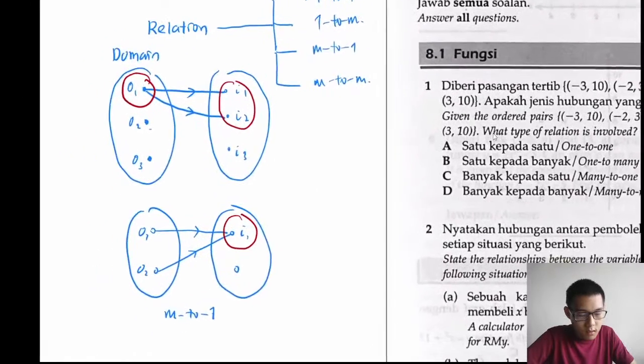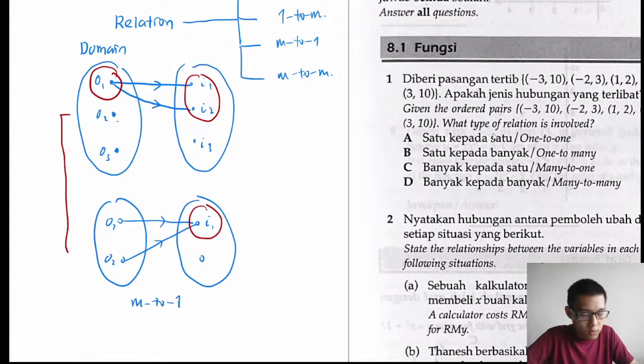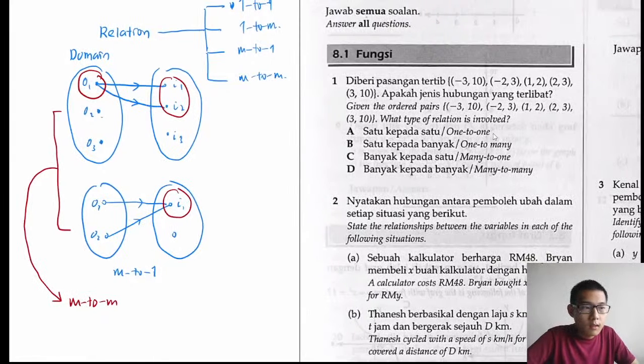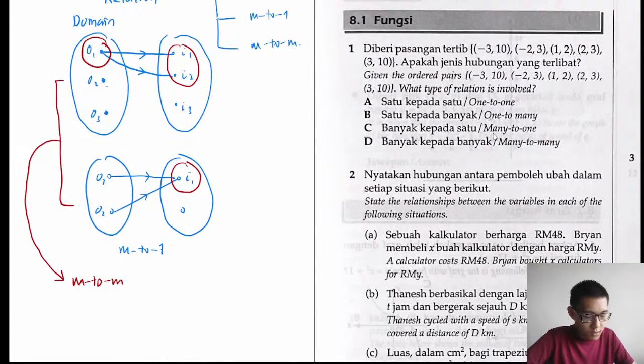So this is called many to 1. If in the relation we can see that there are 2 things here, many to 1 and 1 to many, combined together, that means this will be many to many. That means different objects match with one image, and at the same time one object can go to different images.